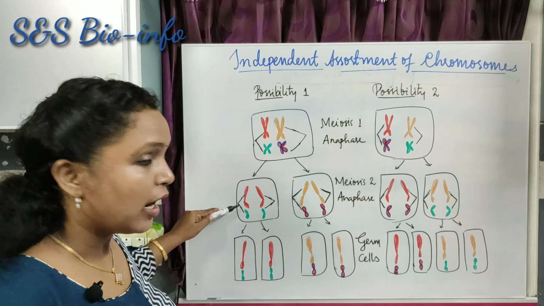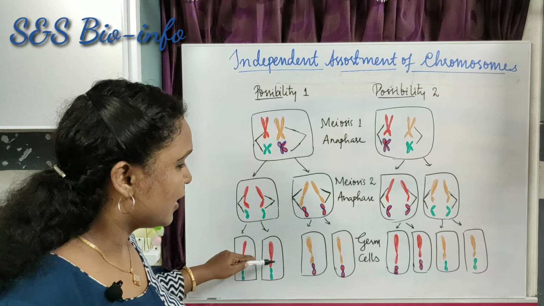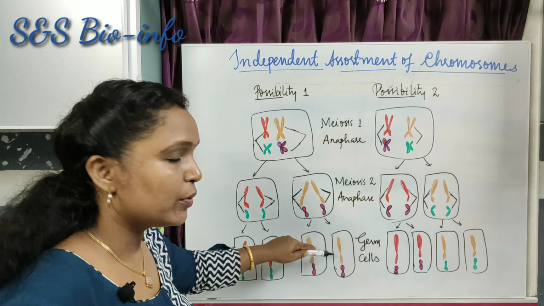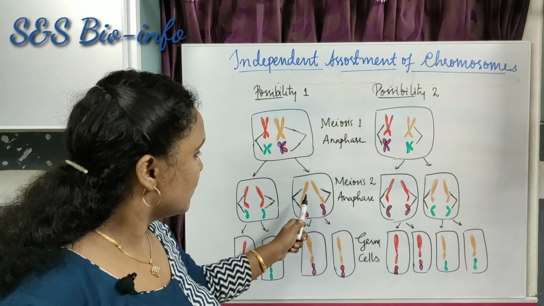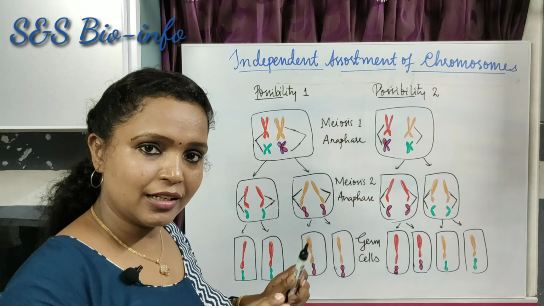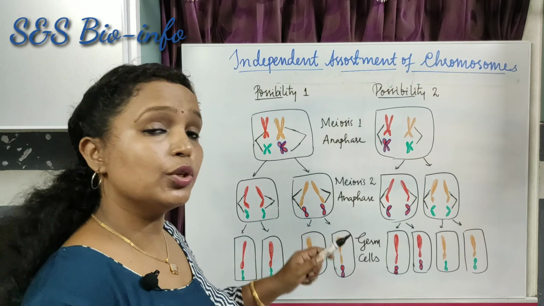Here you can see after the segregation of the chromatids, this is a haploid cell, and a second haploid cell. This is also a copy of these. These are copies of this particular cell. So the chromatids segregate to the opposite poles and result in the formation of 2 daughter cells.